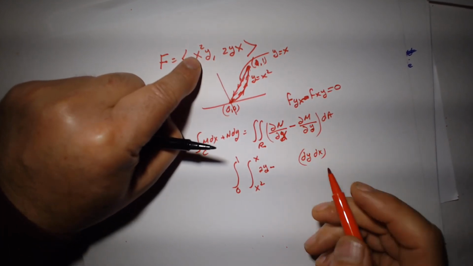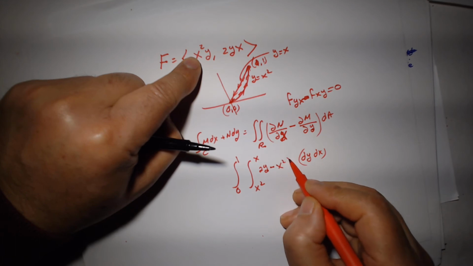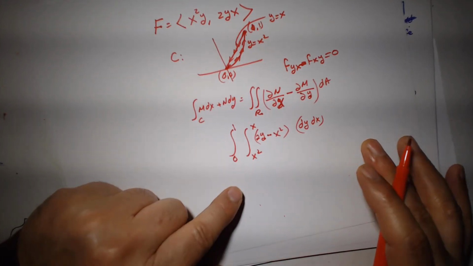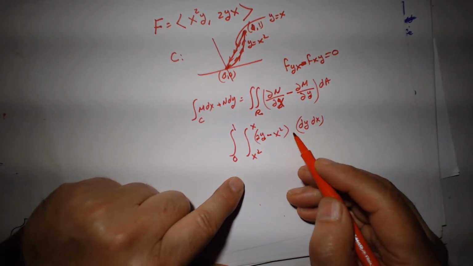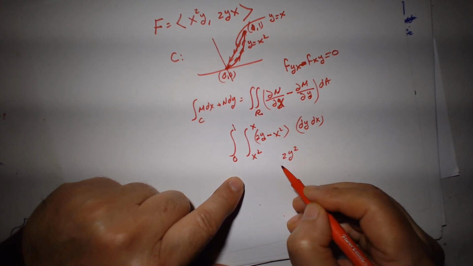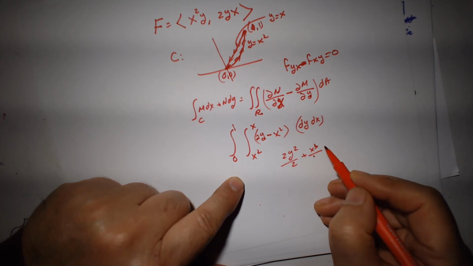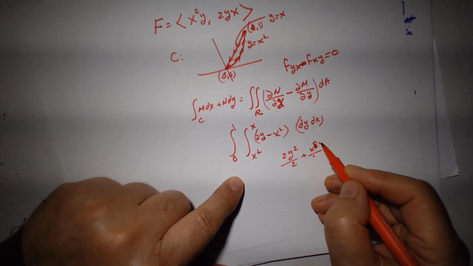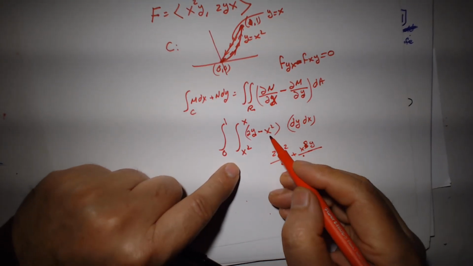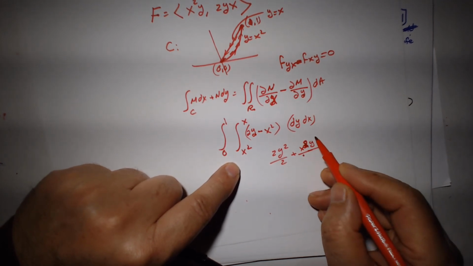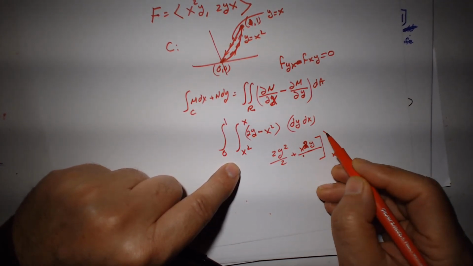Do it with respect to y: x squared. Well, do this one with respect to y first: 2y squared over 2 plus x squared y, because you have to do it with respect to y, from x squared to x.